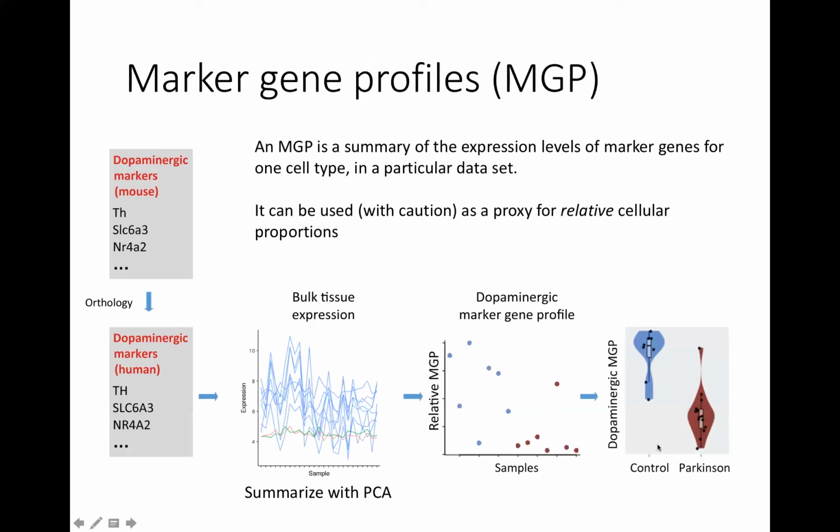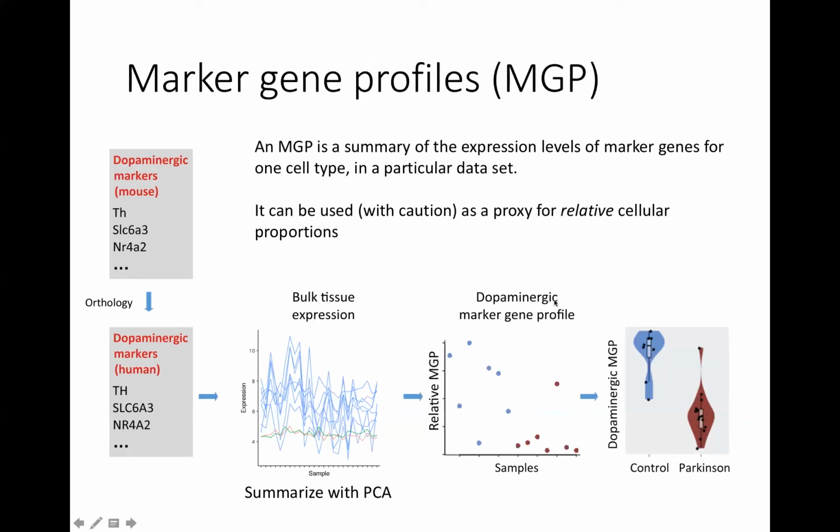And of course, we can consider whether there are group differences at the MGP level. So in this case, say these samples were from Parkinson's patients and these were from normal, and we see the dopaminergic marker gene profile is lower in Parkinson's, which is what, of course, we might expect given the degeneration of dopaminergic neurons.